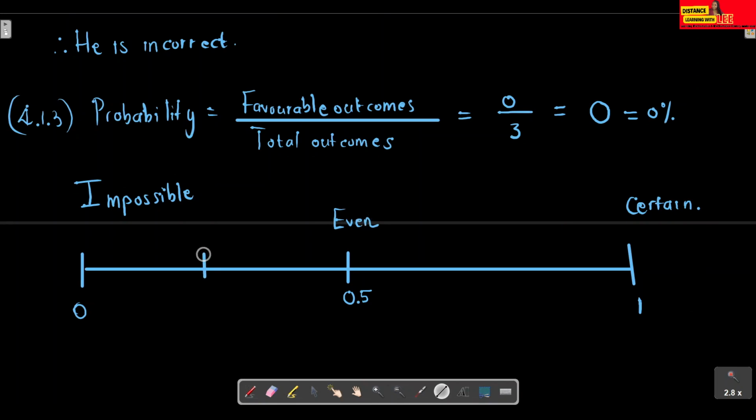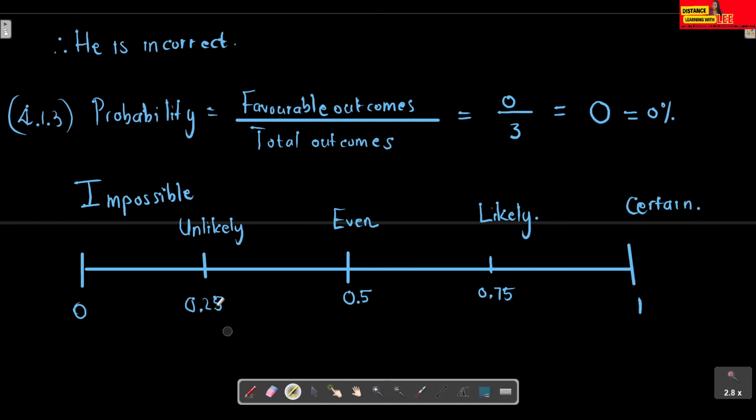If you get a value of maybe 0.25, we know that there is an unlikely chance of something happening. If we get a value like 0.75, we say there is a likely chance of that event happening.